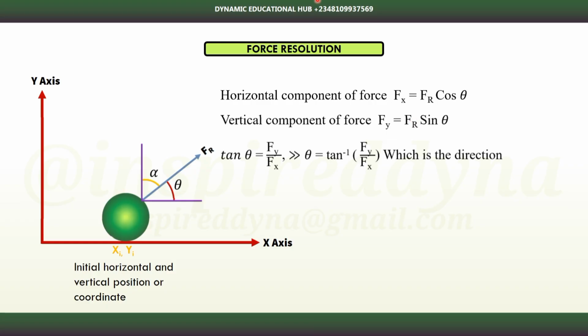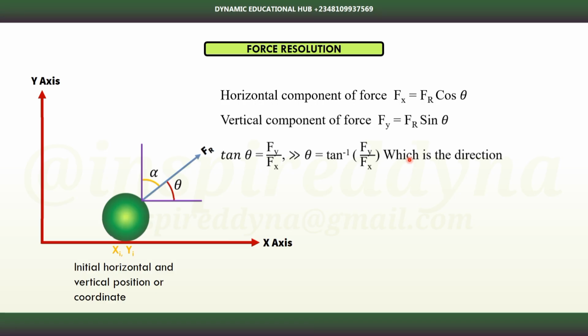And there is a relationship for this angle as well. To find this angle, which is the direction, don't forget this angle is called direction. The direction of the resulting force, which is this theta, equals tan inverse of Fy, the vertical component of this force, divided by the horizontal component. You find the tan inverse, and that is the direction.